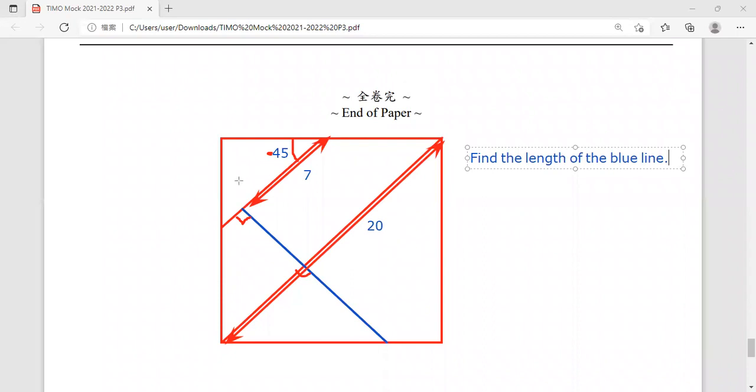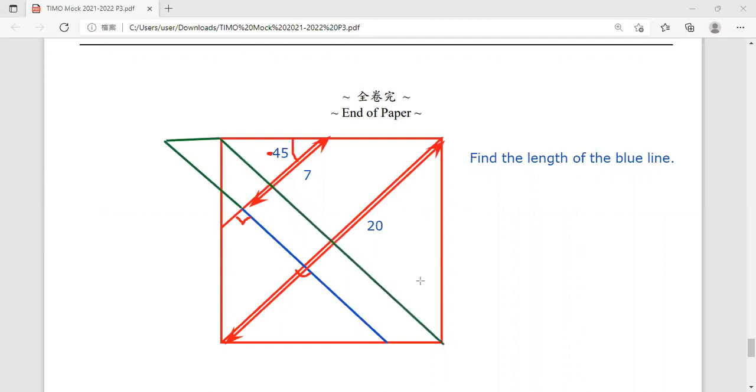Now let's start. Now I will extend this one to here. Okay, good. Now, this one here is a right angle, and this is 45. Now, this will be 7. This will be 7.